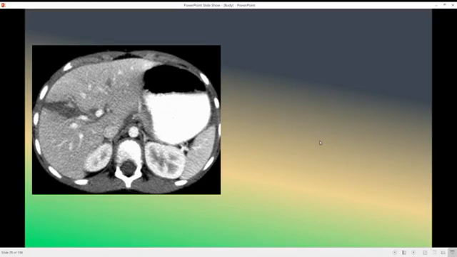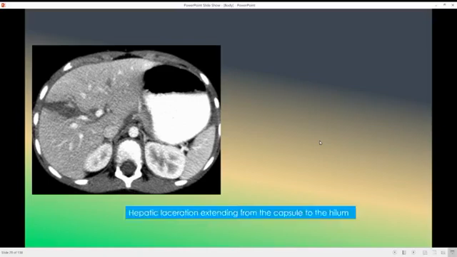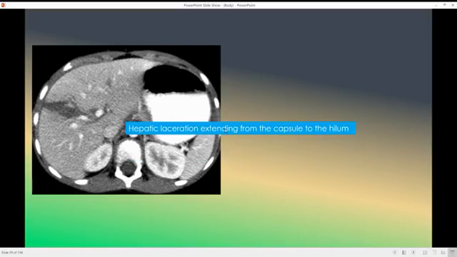Okay, very good. So we have this patient with liver laceration from the capsule to the hilum of the liver, and it is grade 3.